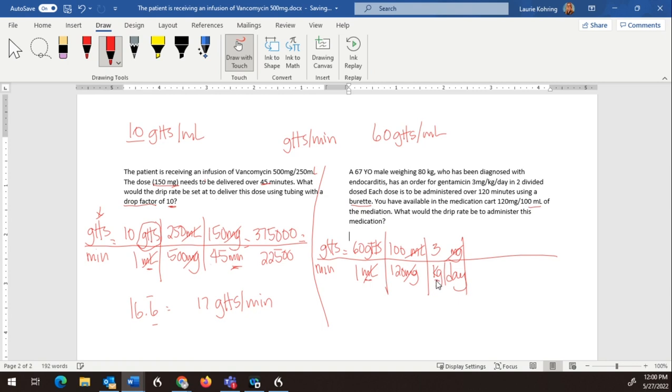Next, I can work on my kilograms, and I see that this patient is 80 kilograms. The weight and body surface area are bachelors. If you have a body surface area number, a meter square number, or you have weight, they are typically over just 1.